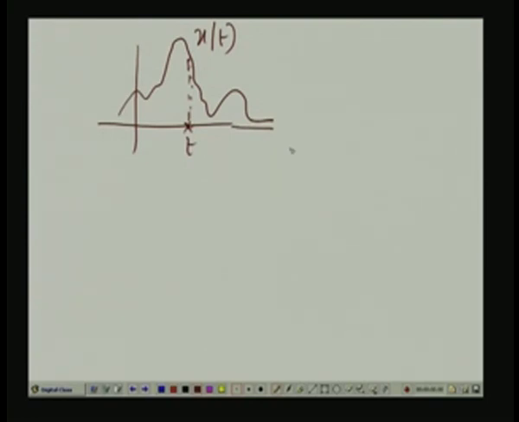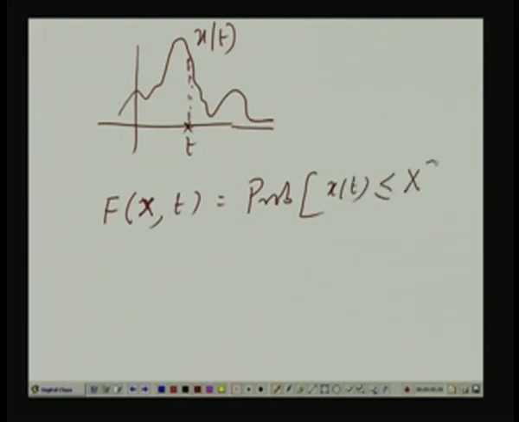On that random variable, I can define what is known as the probability distribution function and probability density function. We can define it simply like this: capital X, for a particular t, is the probability of the random sample x t taking a value less than or equal to capital X.